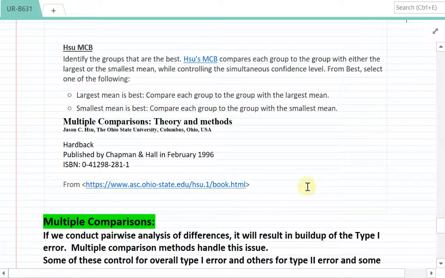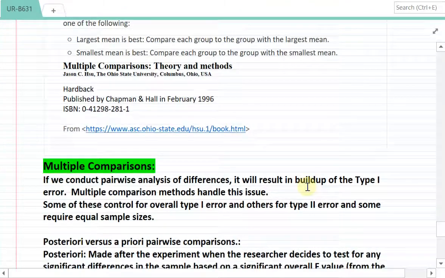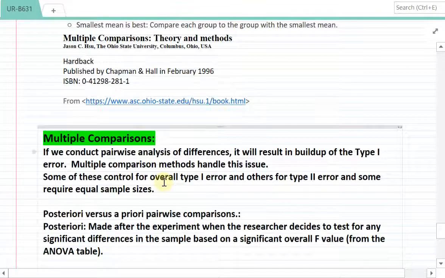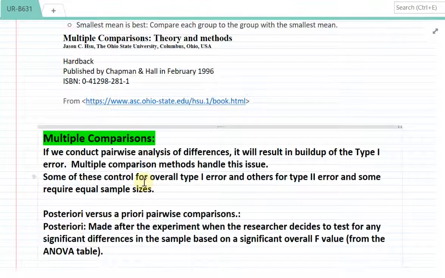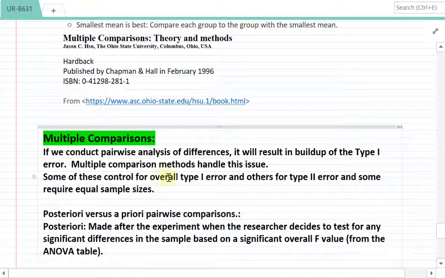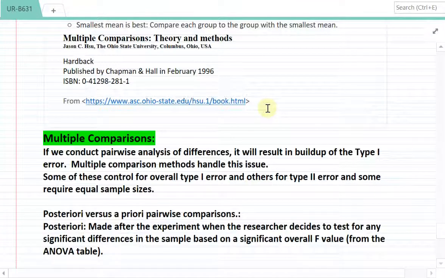Now we're almost getting to the end of this, to where we can go to Minitab. So now we're going to look at multiple comparisons, and this is what I want to point out, the strength of Tukey versus Fisher's. When we conduct these pairwise analyses of differences, let's say I have 4 groups.